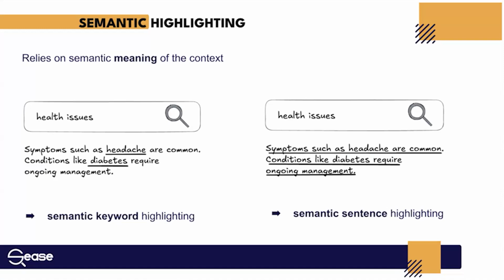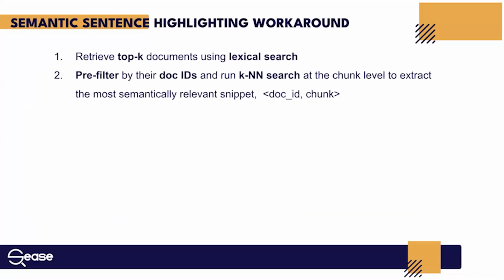In our custom workaround, we went with semantic sentence highlighting, so we highlight the entire sentence. What we did was take the top K first lexical search and run it.